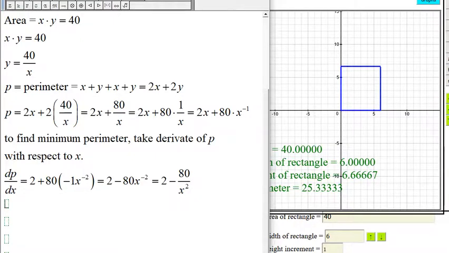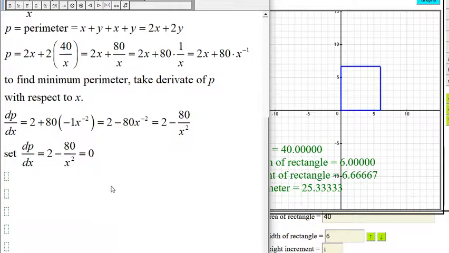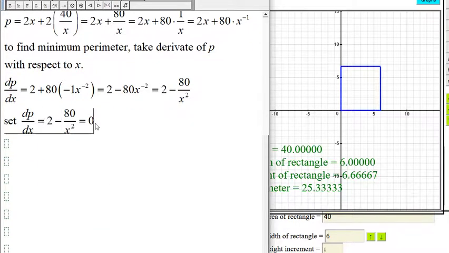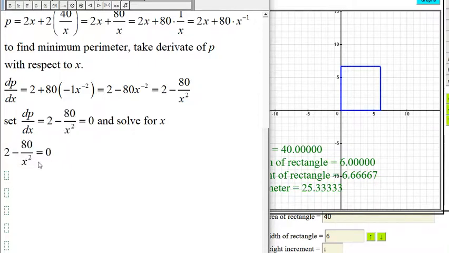And so to find the minimum, we set the derivative equal to 0 and solve for x. To solve this type of equation, what we want to do is get a common denominator.